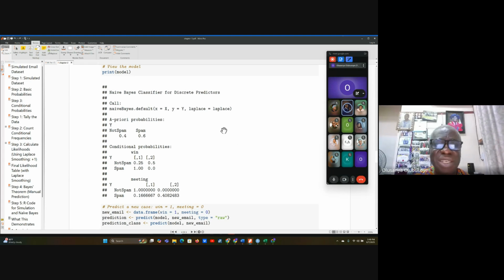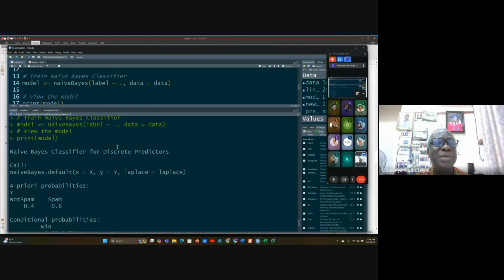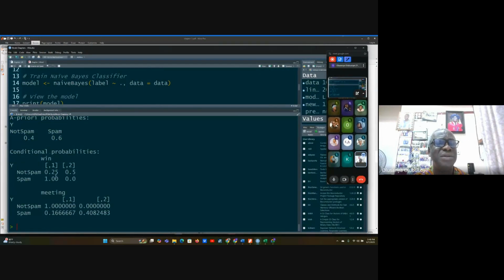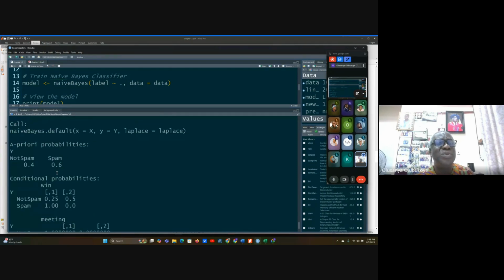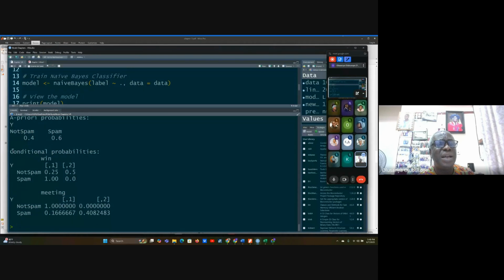So what I'm saying in essence is that now we are able to give the conditional probabilities.